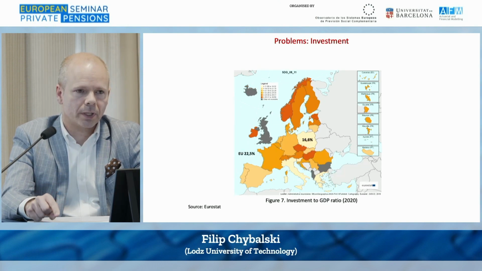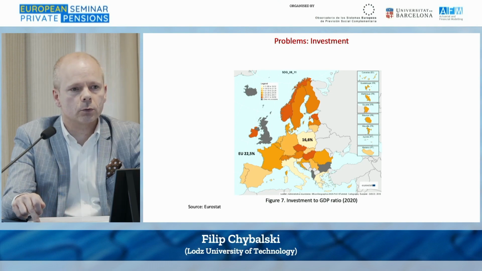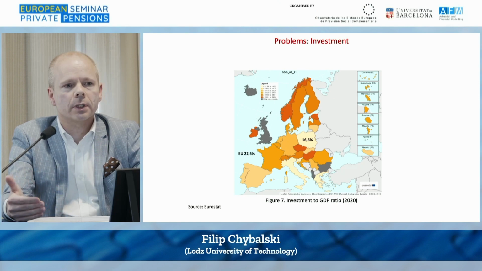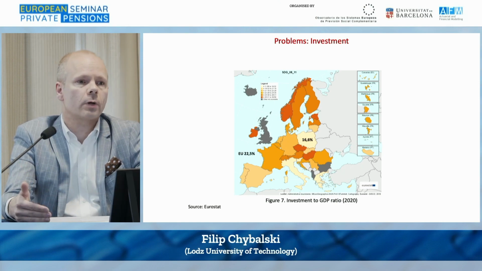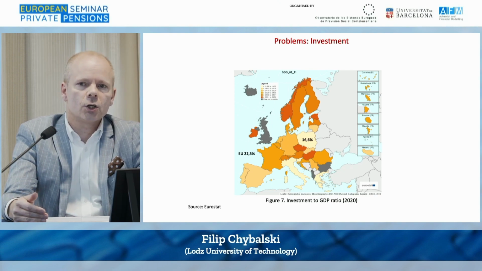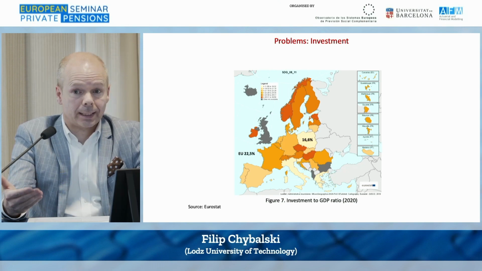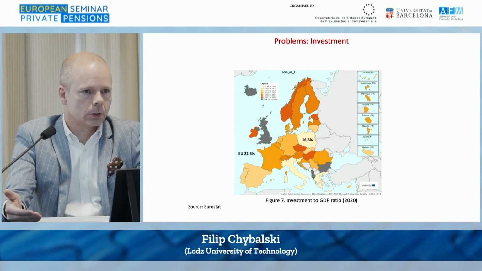And additionally, we have a serious problem with investment, especially from 2015, from 2016, because business has no trust in the government in Poland. Changes were so frequent, so illogical, that it generates risk to business and aversion to invest.